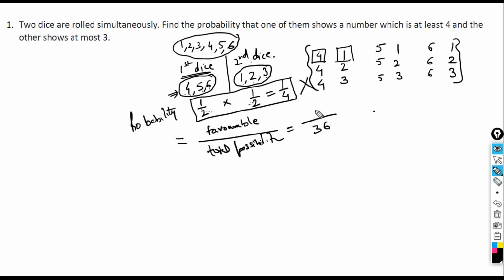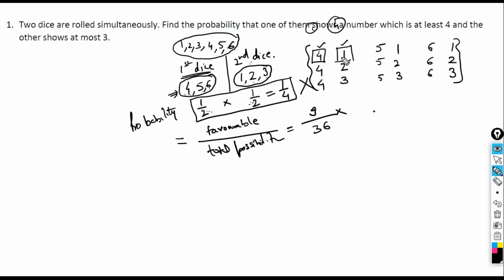When you simplify it, we need to focus on one more part. If 4 is on the first dice and 1 is on the second dice, this is one possibility. It can be the other way around also: 1 on the first dice and 4 on the other dice.